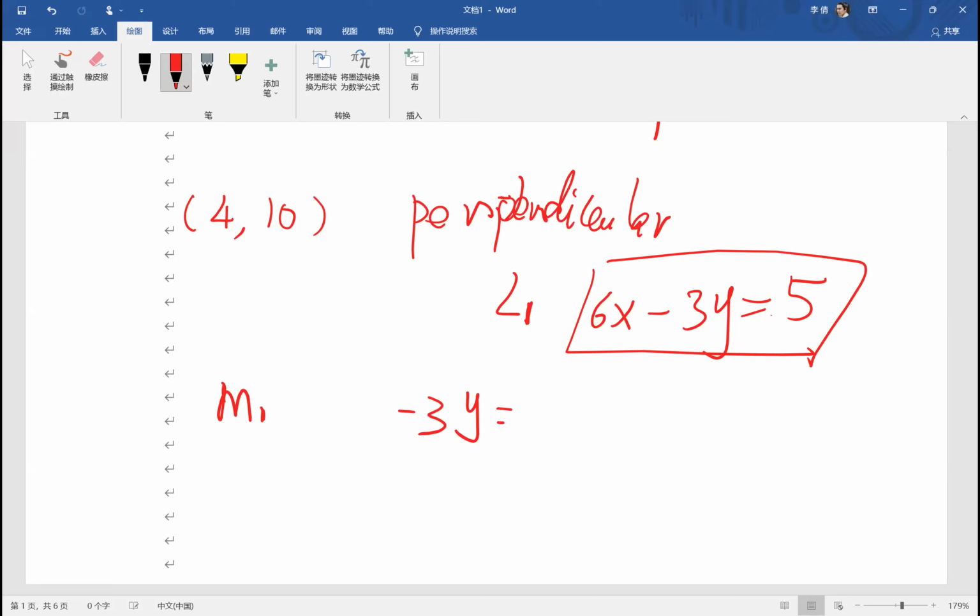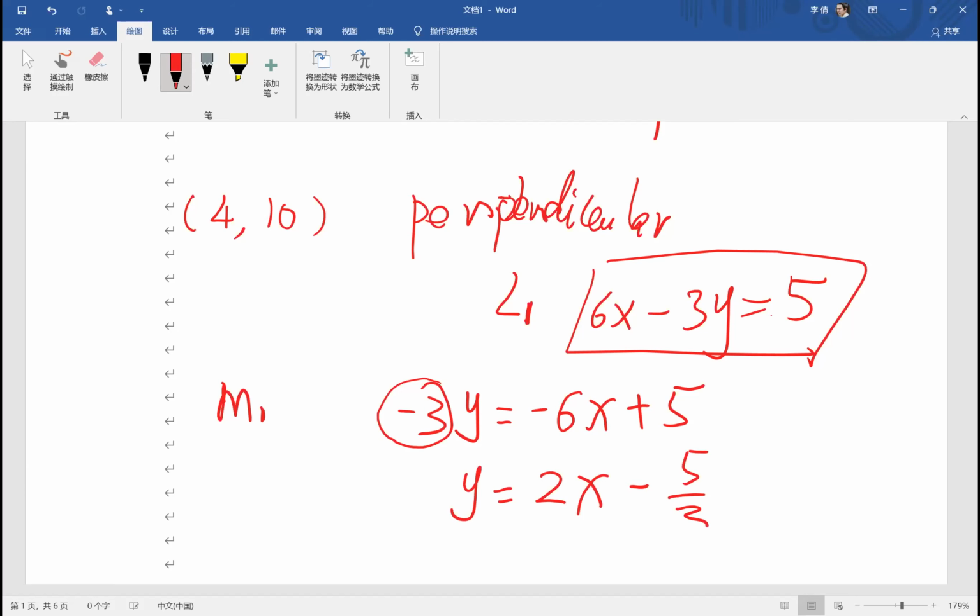-3y will be equal to -6x + 5, right? And then if we divide by -3 on both sides, we can get y is equal to 2x - 5/3, right?